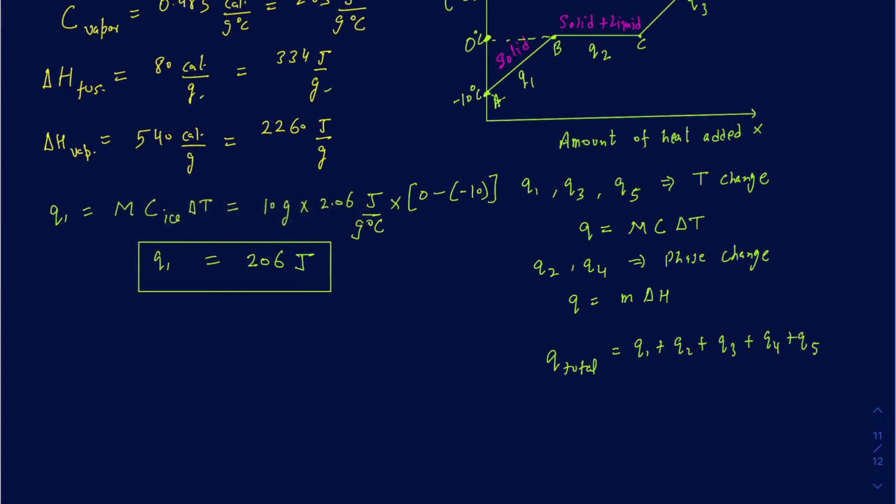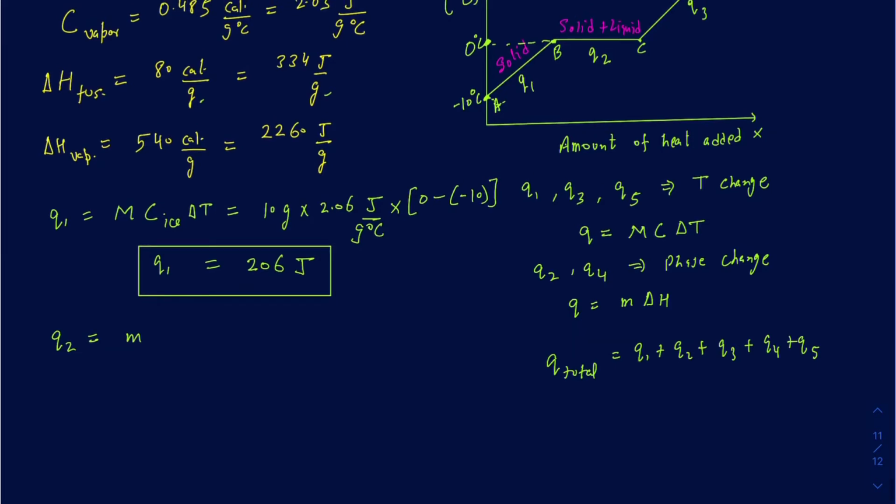Similarly, let's calculate Q2 now. Q2 is the phase change, and since I'm going from solid to liquid, I'm going to be using the delta H of fusion here. The mass is still going to be 10 grams. Since we are dealing in joules, I want to stick with joules here, so the delta H of fusion is 334 joules per gram.